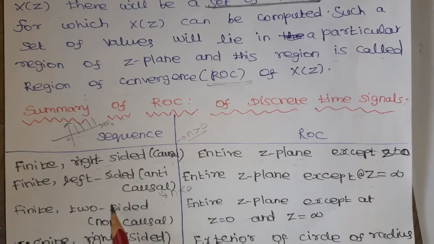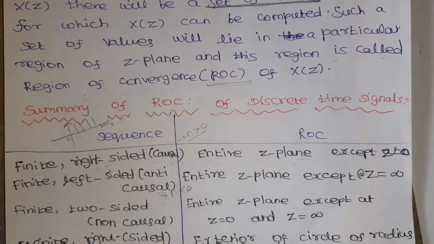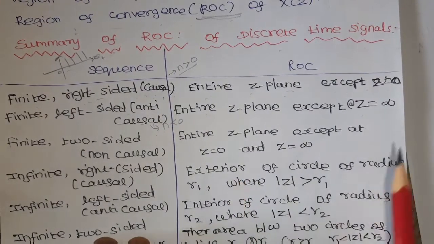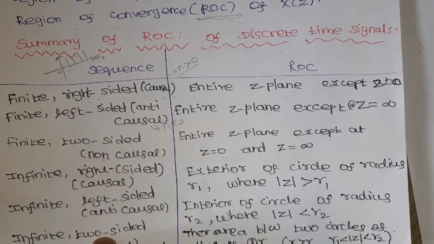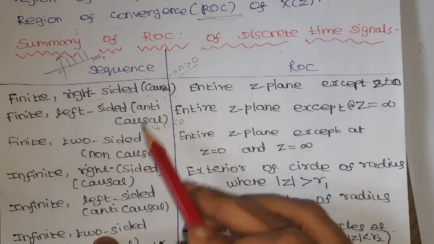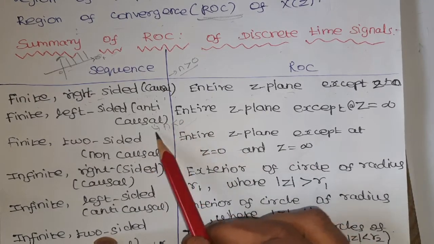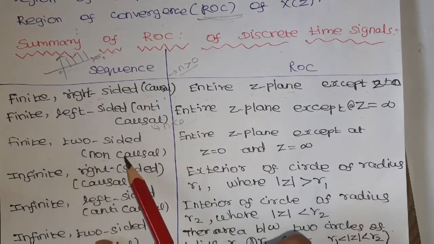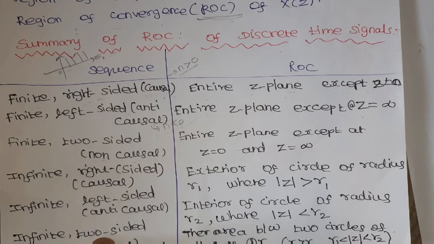How will the ROC be for left-sided or anti-causal signals? The entire Z plane except at Z equal to infinity. Next is the finite two-sided signal, otherwise called a non-causal signal. It has values for both positive and negative n. Unlike the anti-causal signal, which has values only for n less than 0, the finite two-sided non-causal signal has values for n greater than 0 as well as n less than 0.